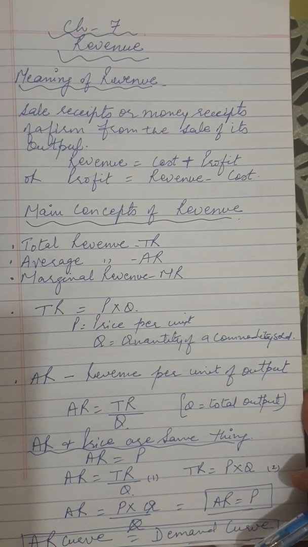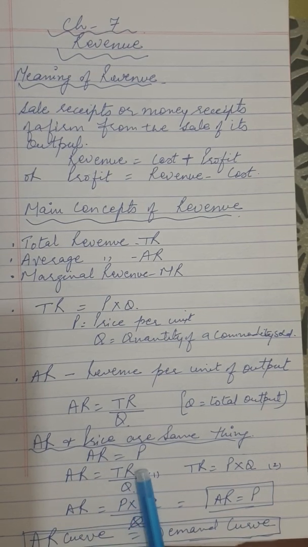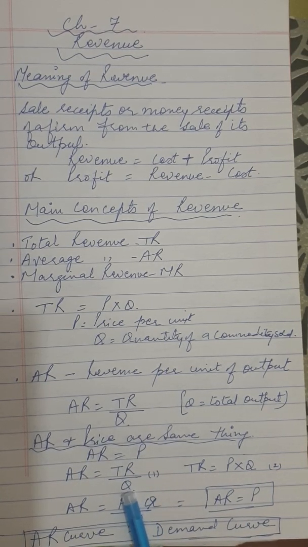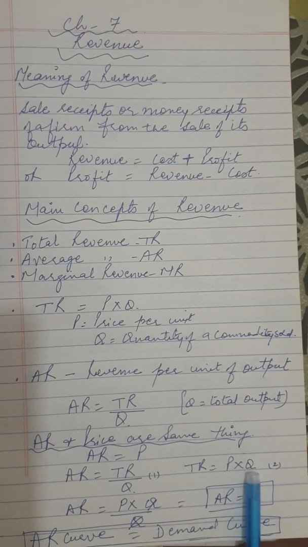This average revenue is equal to price because average revenue, the formula is total revenue divided by total output sold, and TR, the second formula, is price into quantity sold.